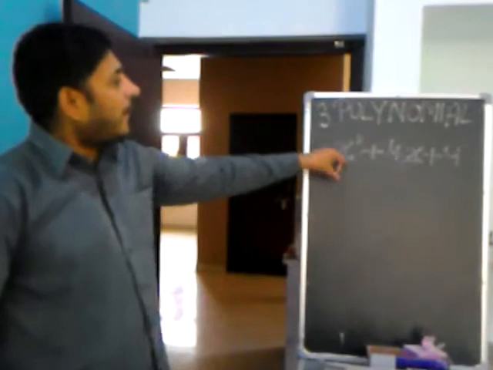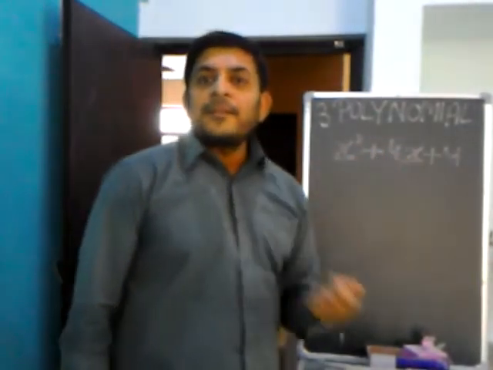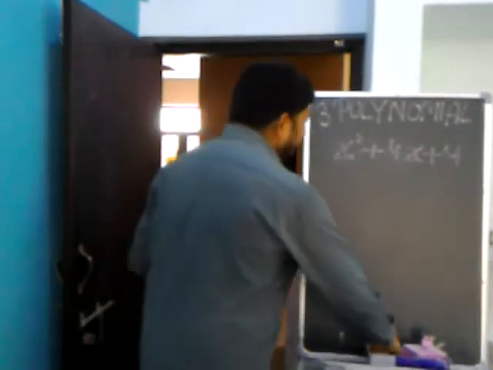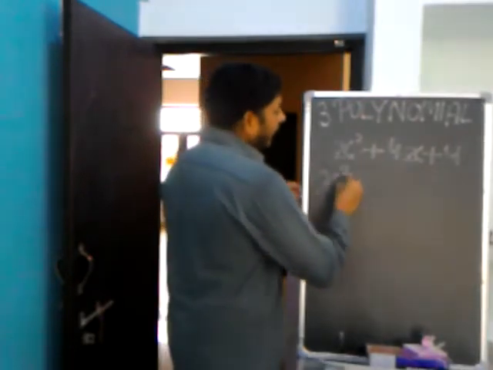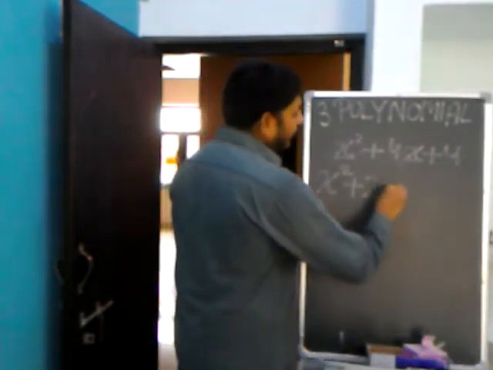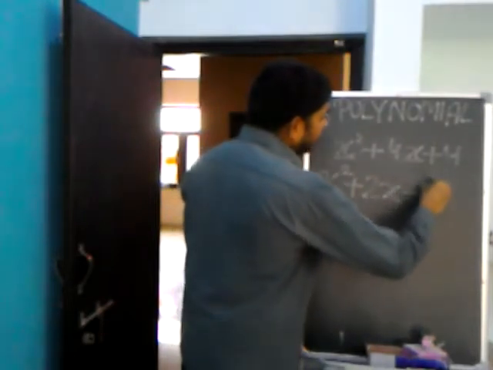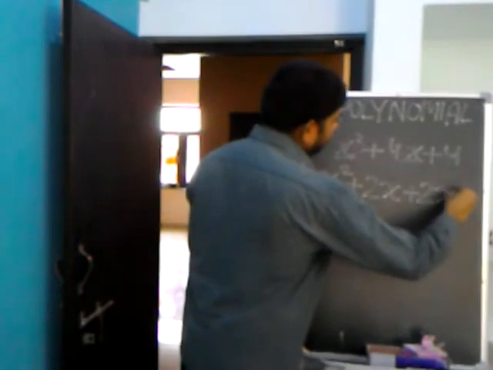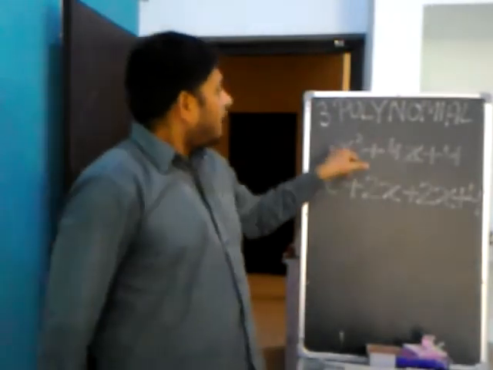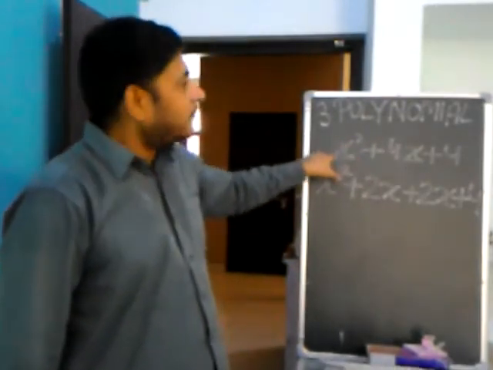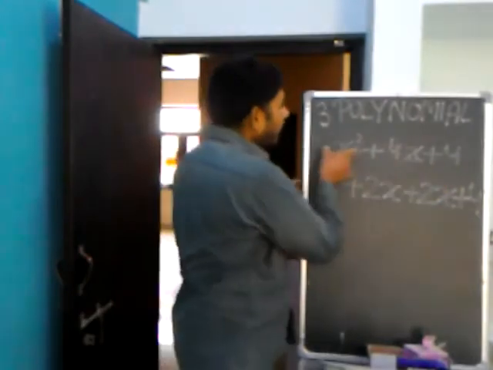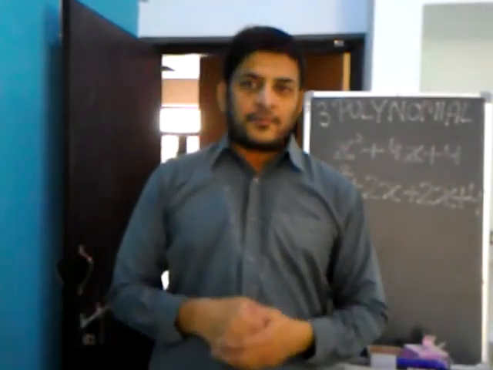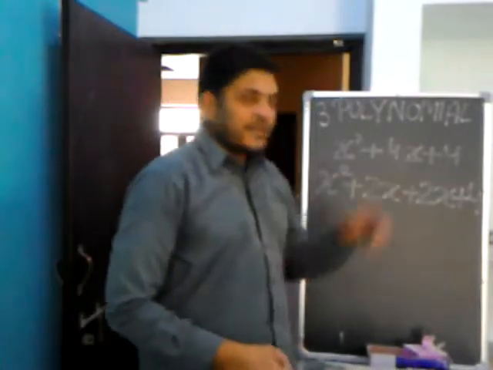Let me solve it by the method of splitting the middle term, which we have done in class 9. I can split 4x in the form of 2x and 2x. Why so? Because the product of the first term and the third term is 4x square, 4 into x square, and the middle term is 4x.